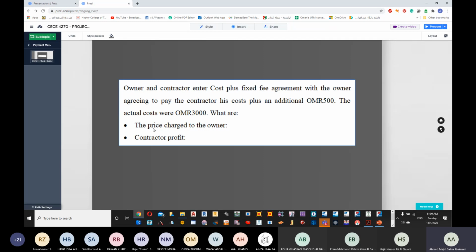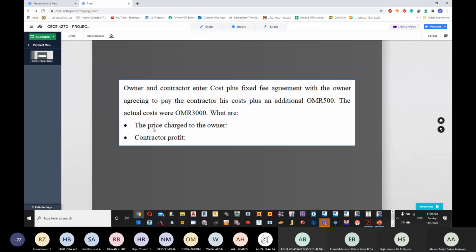So who is going to have the best deal here? Who is on the safer side, the contractor or the owner?